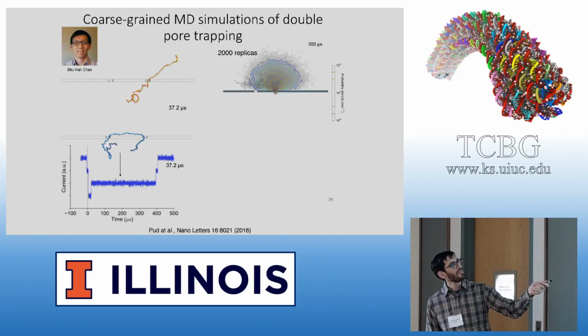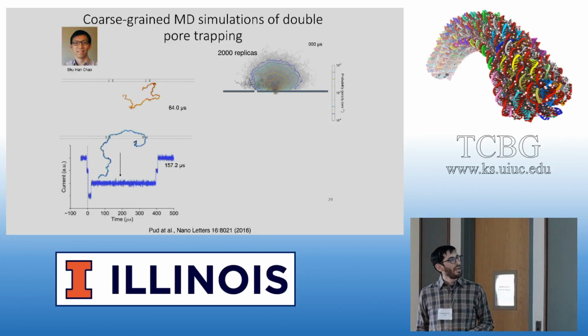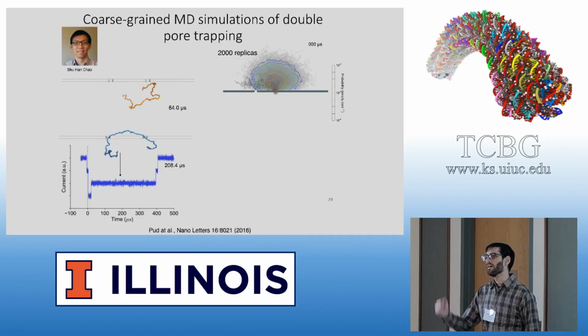So we have two examples. In the top, we have a single DNA strand passing through a single pore. And then in the lower simulation, we have a double trapping event. And what we found is that this was actually quite long-lived because there's sort of a tug of war going on.